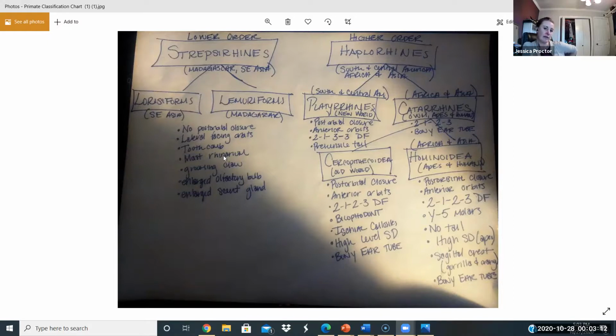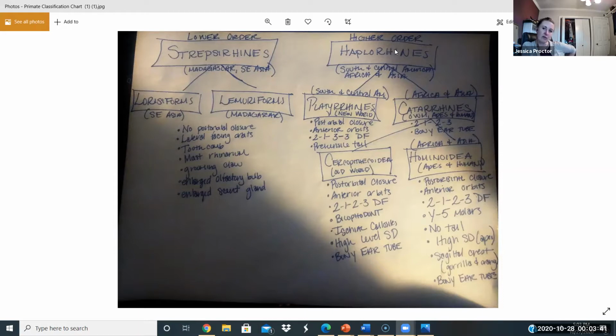They have the moist rhinarium, or the wet nose, because they retain that primitive reliance upon smell. They have grooming claws, and then there are features inside the brain, the enlarged olfactory bulb and enlarged scent gland. Those are related to their primitive retention of the need to smell. And then I also put in the geographic location. The lemurs are found exclusively in Madagascar, whereas lorises are found in Southeast Asia.